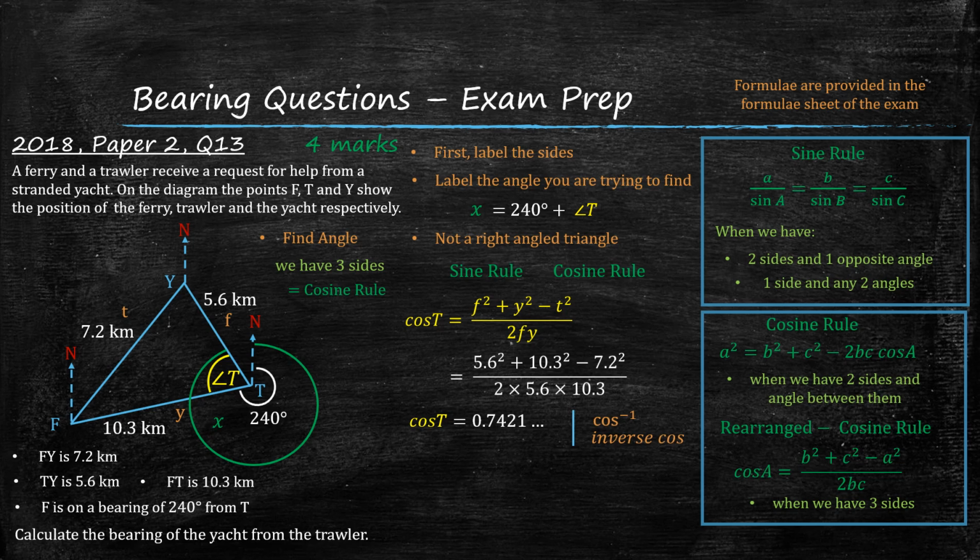Taking the inverse cos of both sides to get T on its own gives us T equal to 42.09 degrees to 2 decimal places. As we said, X will be equal to 240 degrees plus this angle. So the bearing of the yacht from the trawler is 240 plus 42.09, which gives us 282.09 degrees.